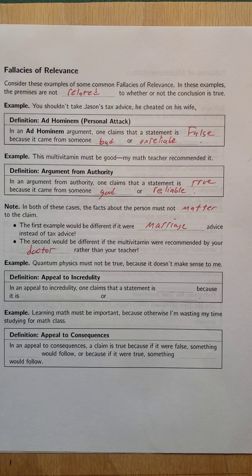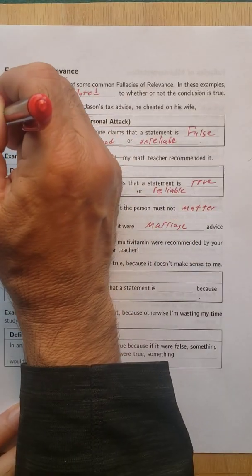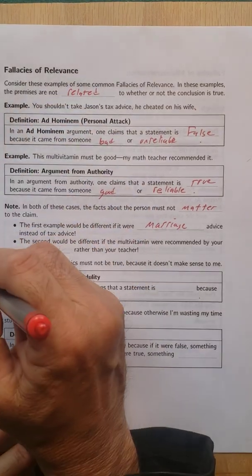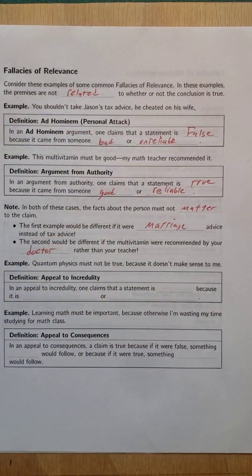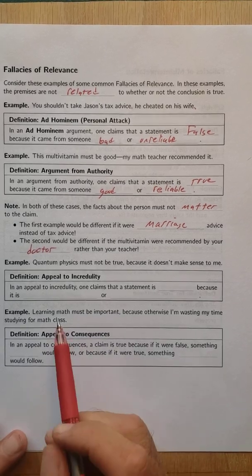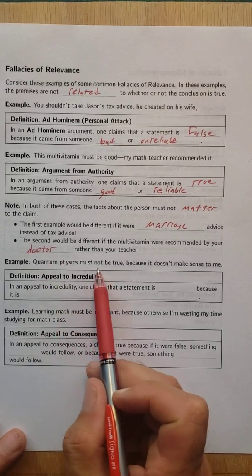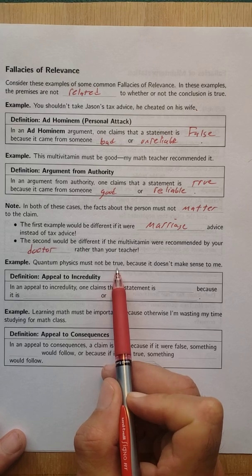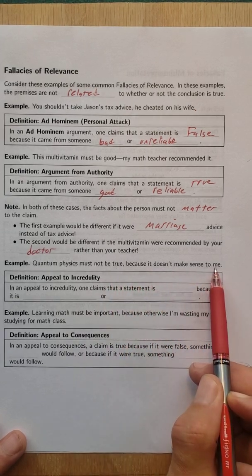All right, so again, these are fallacies of relevance. Another one would be what we call an appeal to incredulity. These are things that are going to show up on your test. You're going to be given something and asked what type of fallacy this is. Quantum physics must not be true because it doesn't make sense to me.